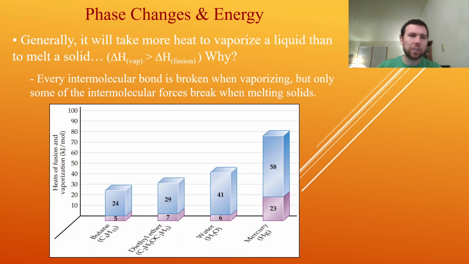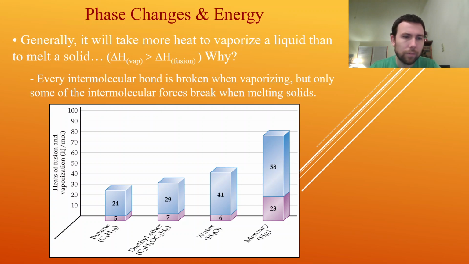And this chart shows you that comparison. Again, it doesn't matter whether we're looking at something polar or nonpolar, covalent or metallic. You can notice that the purple graph is showing the heats of fusion, and the blue portions are the heats of vaporization.